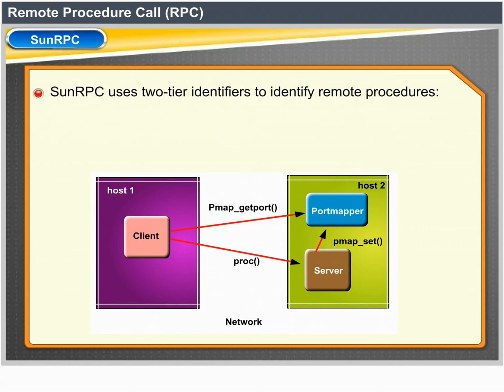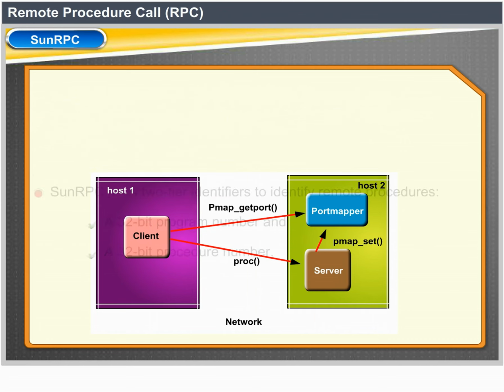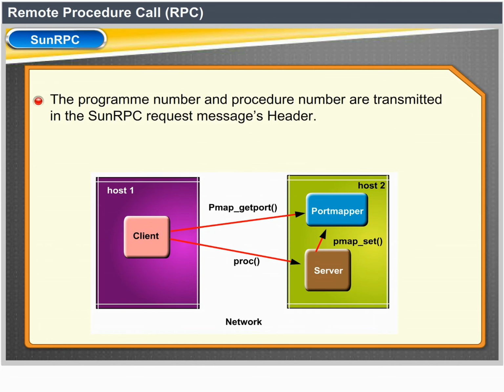Sun RPC uses two-tier identifiers to identify remote procedures: a 32-bit program number and a 32-bit procedure number. The program number and procedure number are transmitted in the Sun RPC request message's header.